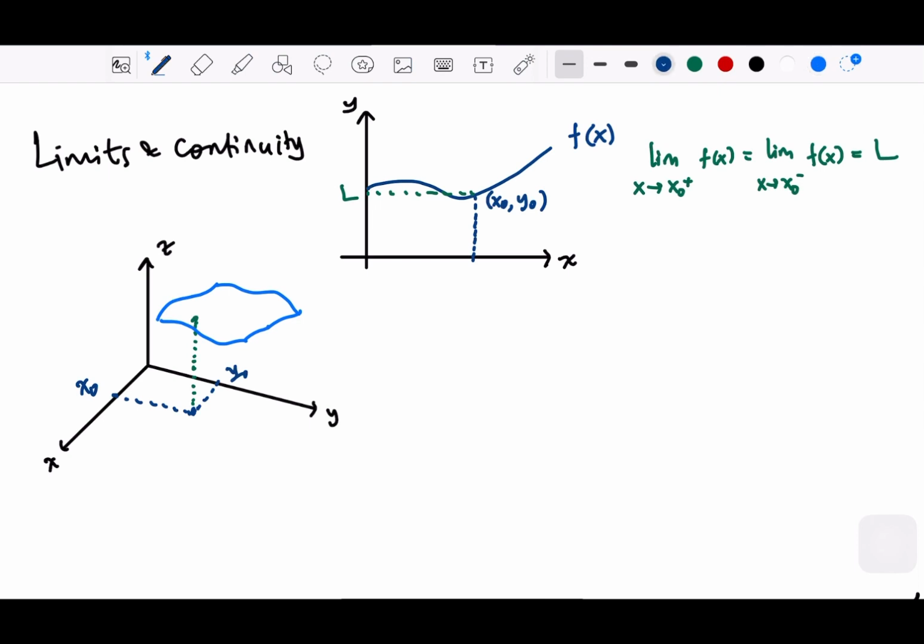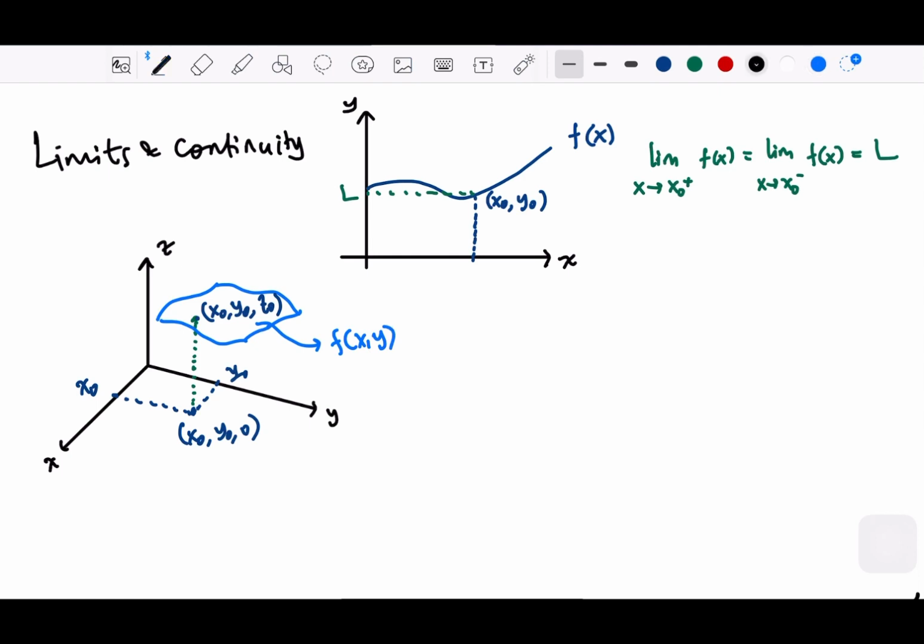So this is x0, y0, 0. Here is x0, y0, z, let's say z0, or f(x,y). And we call this shape a function of xy.